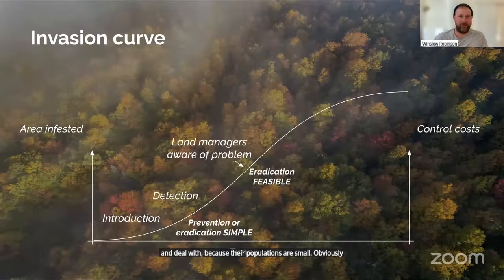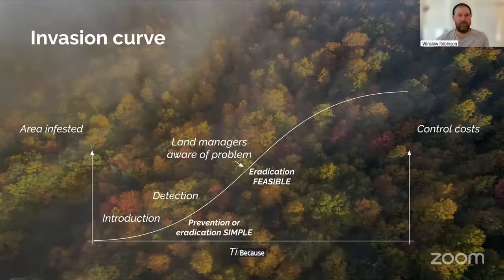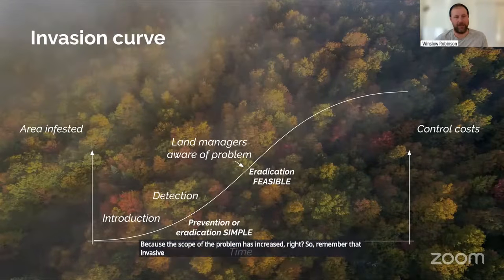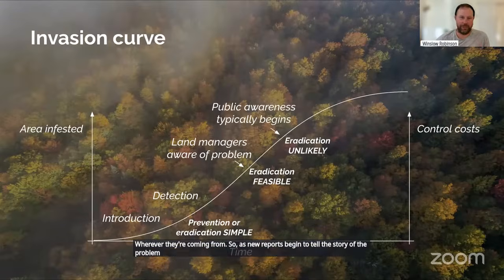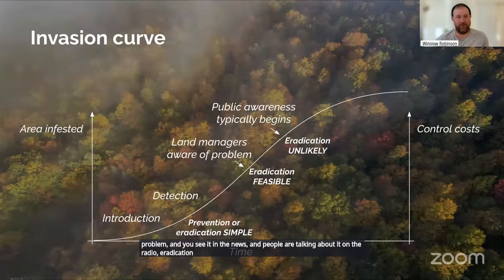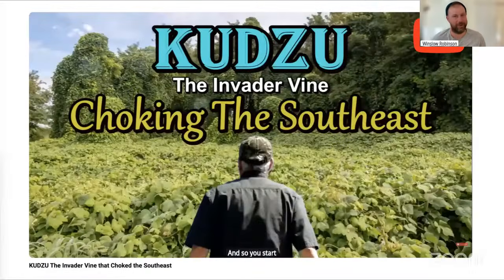Obviously, once knowledge of that problem increases, eradication becomes more challenging because the scope of the problem has increased, right? So remember that invasive species usually lack the kinds of biological controls that keep them in check wherever they're coming from. So as new reports begin to tell the story of the problem and you see it in the news and people are talking about it on the radio, eradication is now already more difficult, if not impossible. And so you start to see things like this coming up on YouTube.